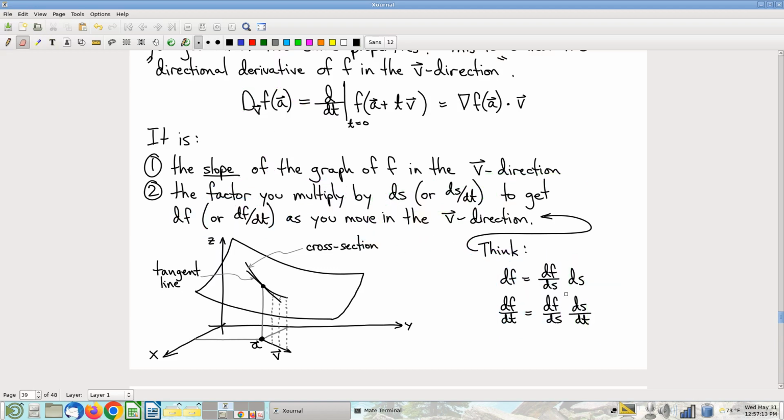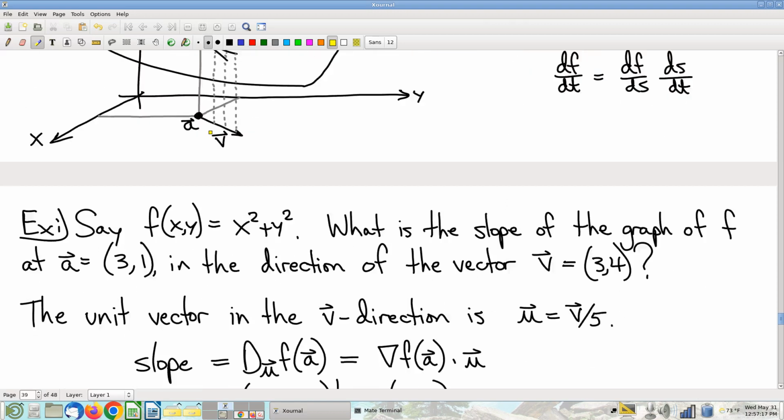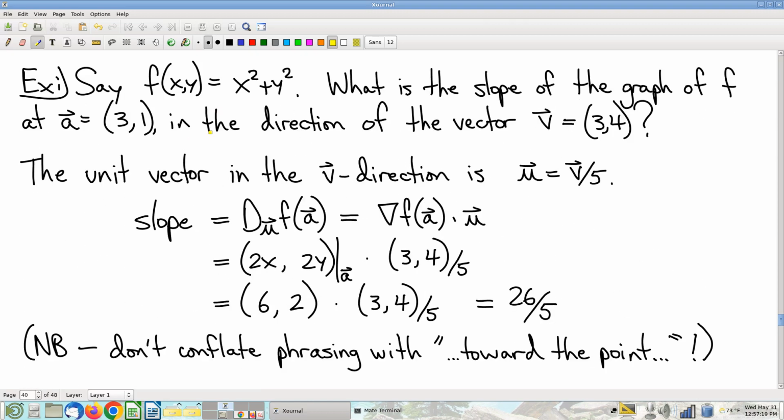Okay, let's do some examples. See how the rubber meets the road here. We've got a function, and the question asks, what's the slope of the graph? And when you see that, before you even finish reading the rest of the question, I encourage you to have a strong instinct that because they asked for the slope of the graph, you're looking for a directional derivative, because that's what the directional derivative is.